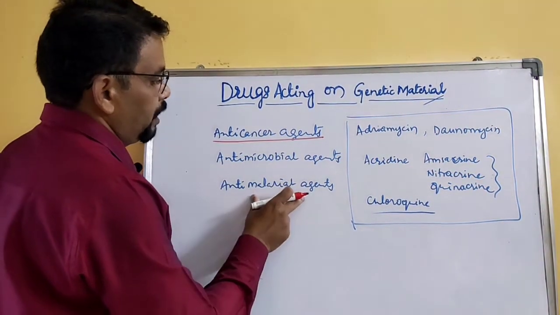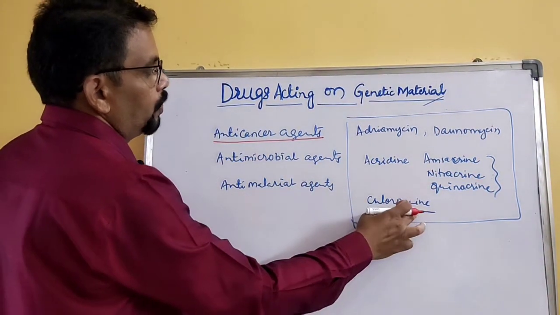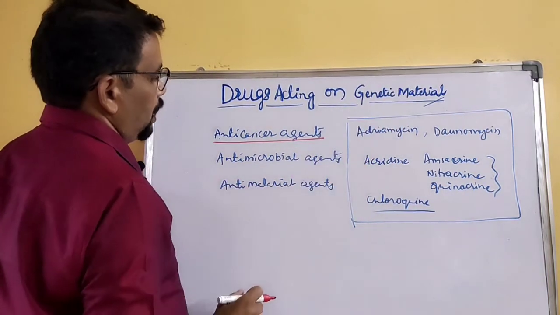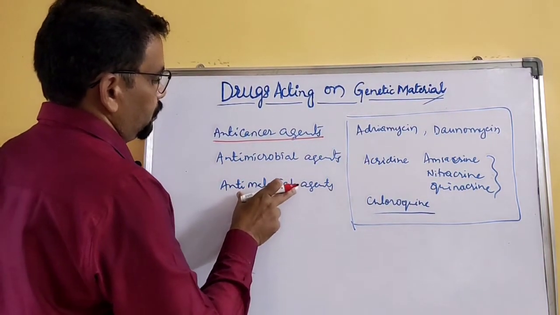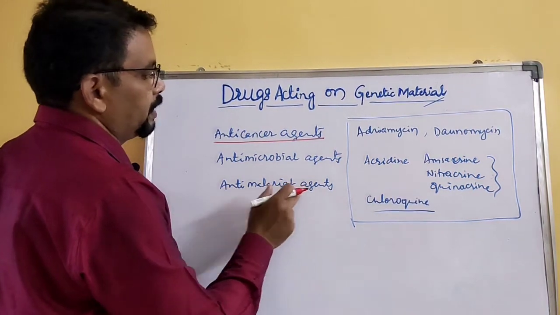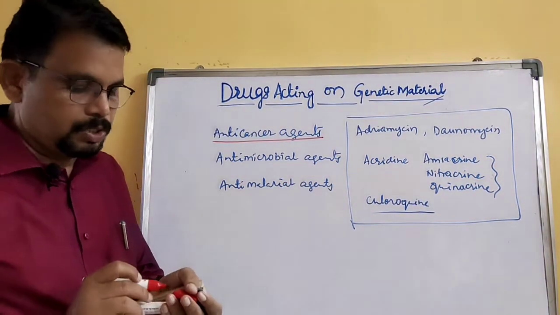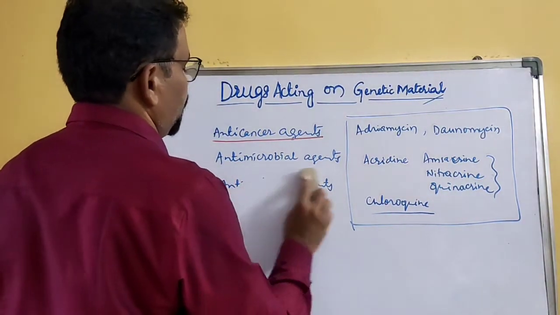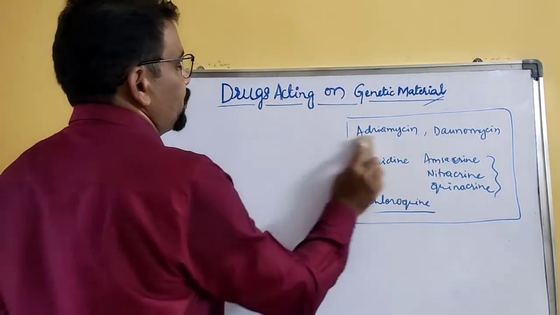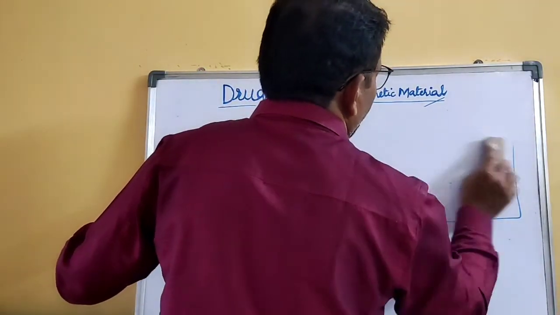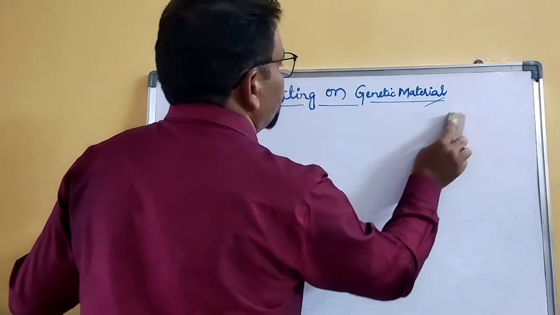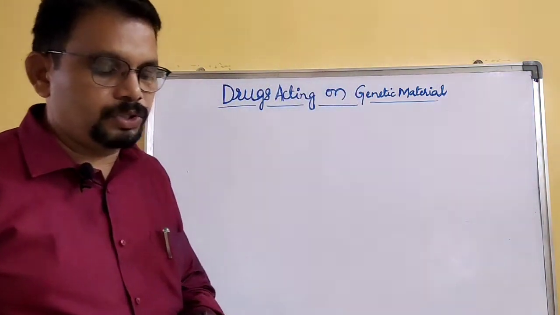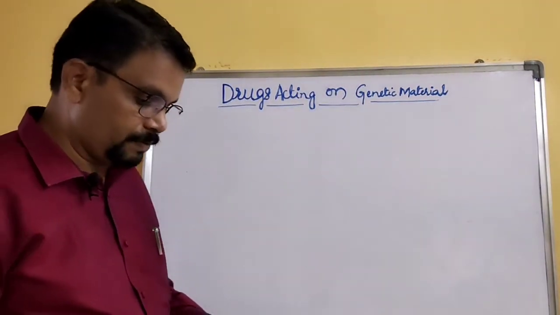And anti-malarial agents like chloroquine also act on genetic material. I am going to explain them one by one, their structure and the mechanism of action also.